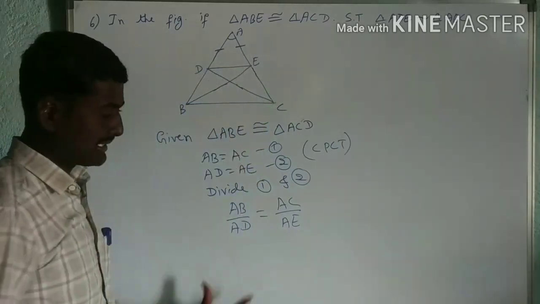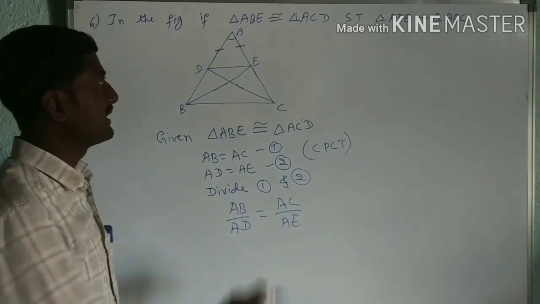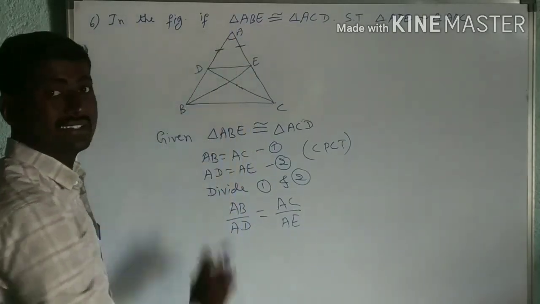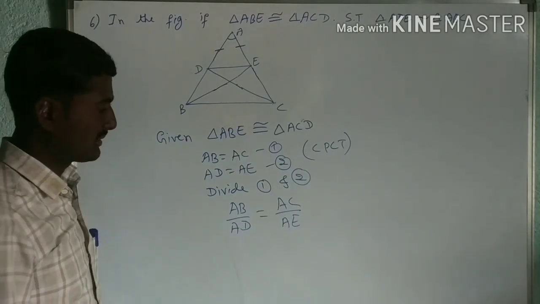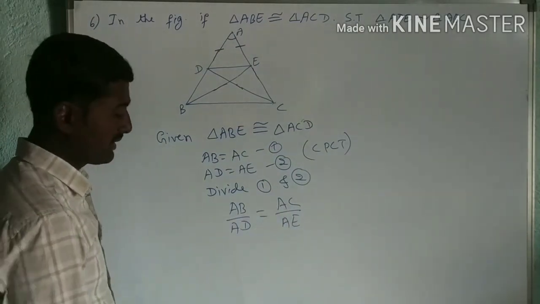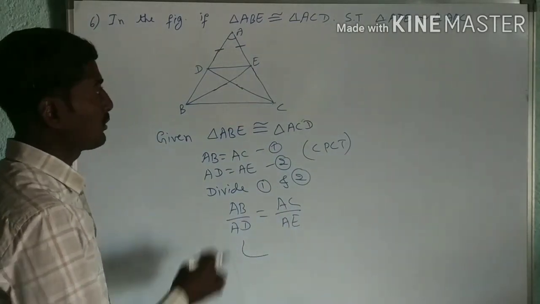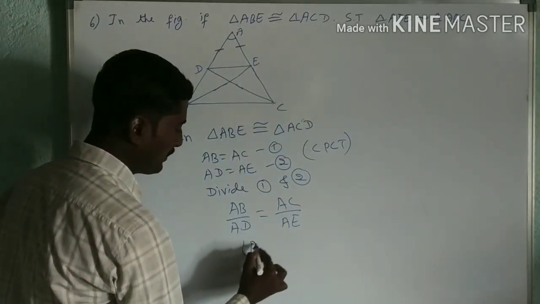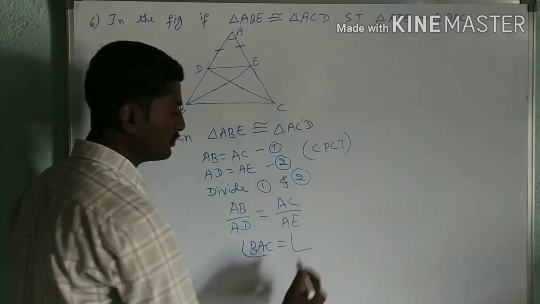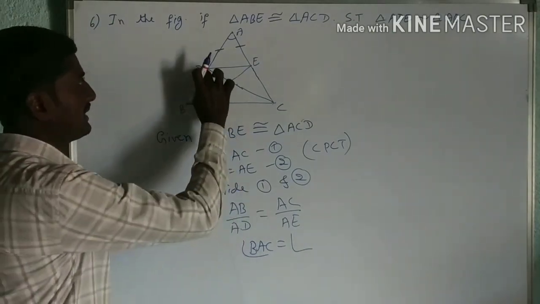By using the SAS similarity criterion, I can say that triangles ADE and ABC are similar. Two sides I got; another one, angle A, I must write: angle BAC is equal to angle DAE.